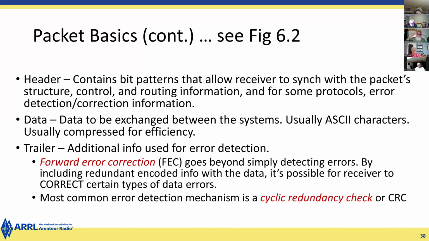And then the trailer contains additional information that says, well, this is the end of the packet, and it can contain error detection codes. These slides are a little bit off, and so the IT types don't cringe quite yet.